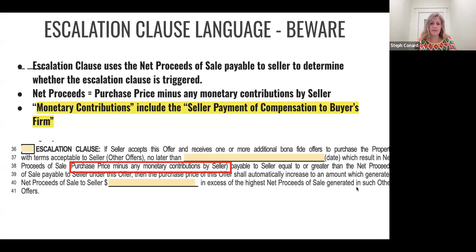Ashley, I'm going to ask you if you have seen anything otherwise in terms of using that monetary contribution.